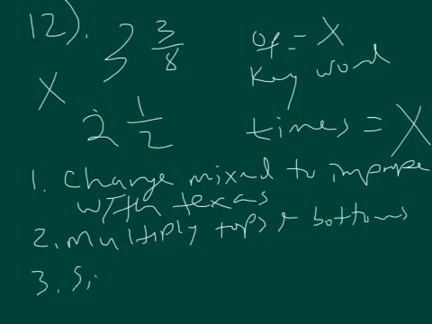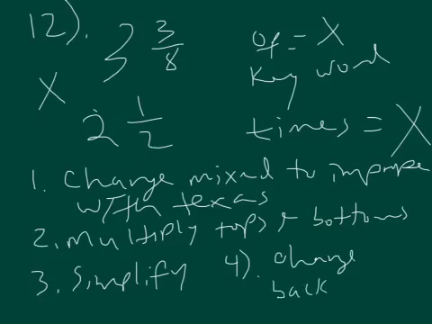Then simplify. And then the last step, I'm going to change back to mixed. And that is it. If you wrote these 4 steps in some kind of way, you got credit.